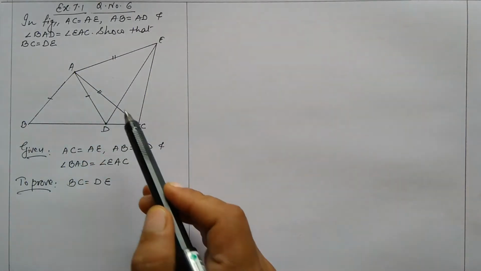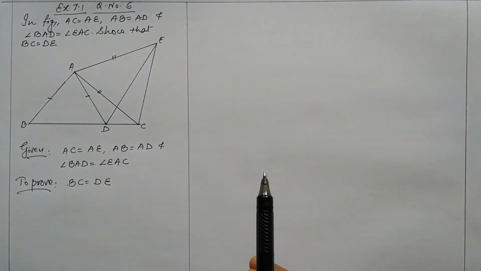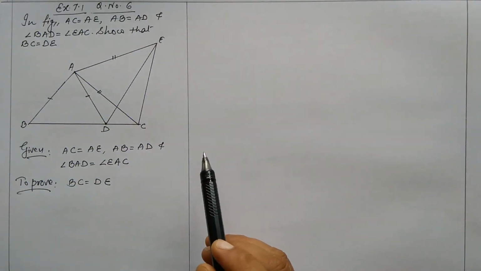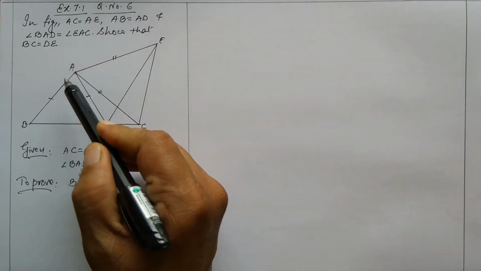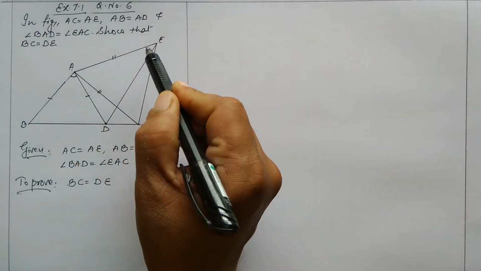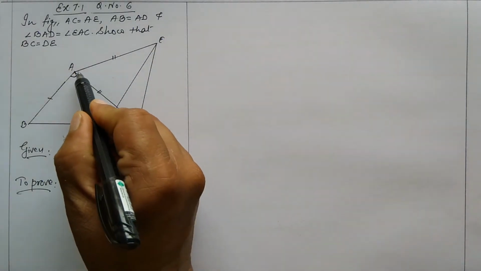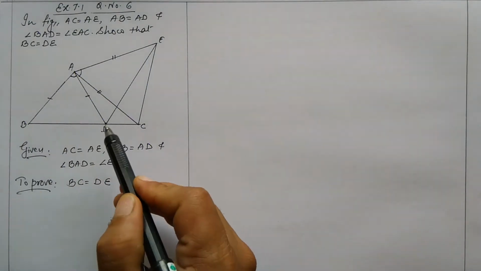When you say AC is equal to AE, then you are getting triangle ACE as an isosceles triangle. Again, they have also given that angle BAD is equal to angle EAC. Then you have to show that BC is equal to DE.